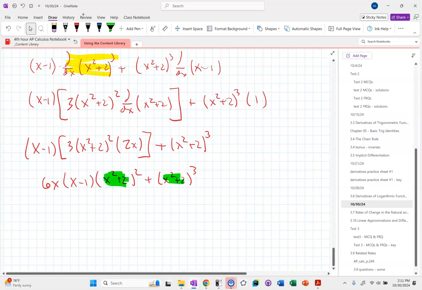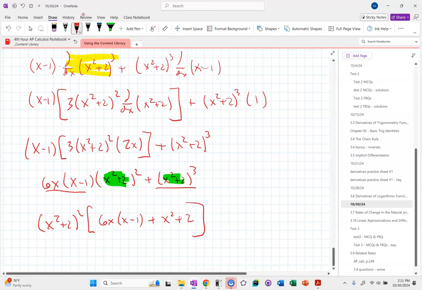So I'm going to factor out x squared plus 2 squared. So that's going to leave in the first term 6x minus 1, and in the second term an x squared plus 2.